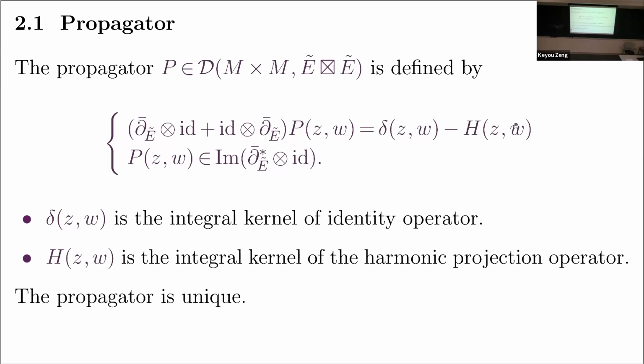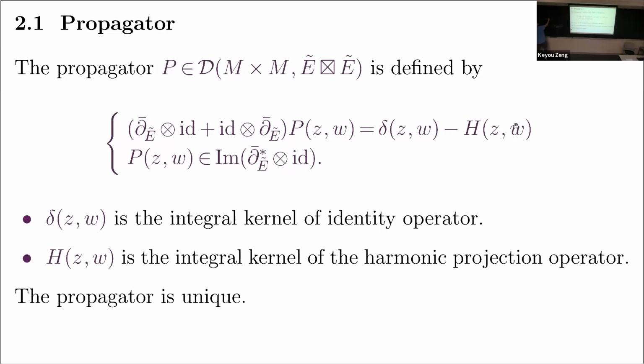The box times just means the exterior tensor product of vector bundles. Let me write it down. We can consider the map from M cross M to M, and E tilde is a bundle.